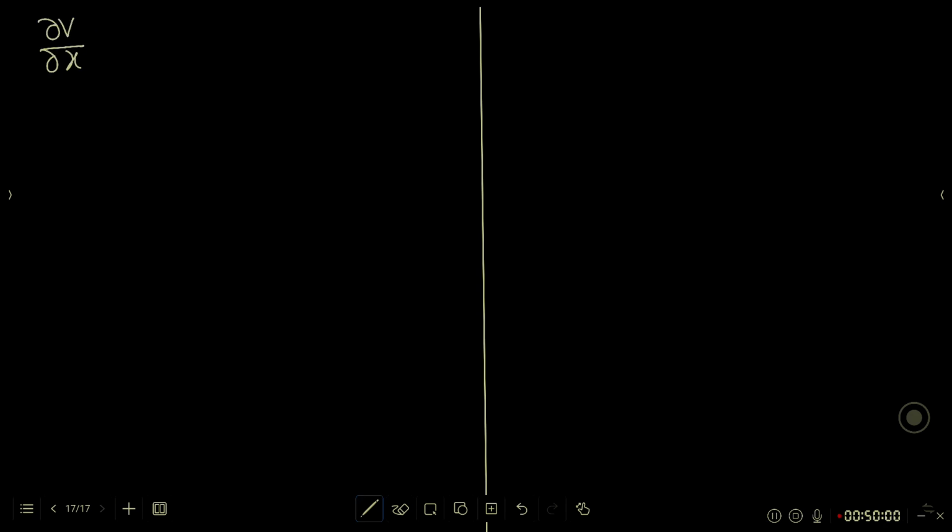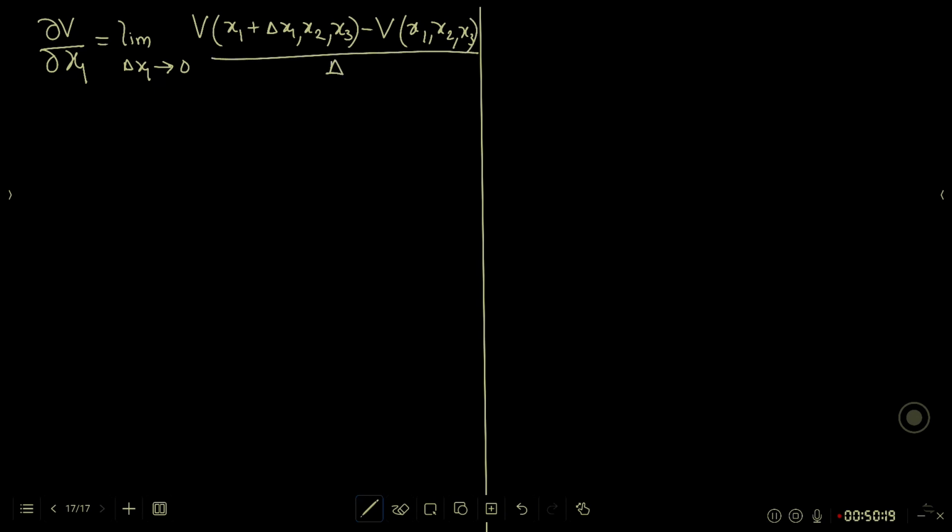We are allowing for some change in x1, but x2 and x3 do not change. So I measure the difference in V at two locations. One location is what I call the baseline location, x1, x2, x3, and then there is another value of V that I am measuring.